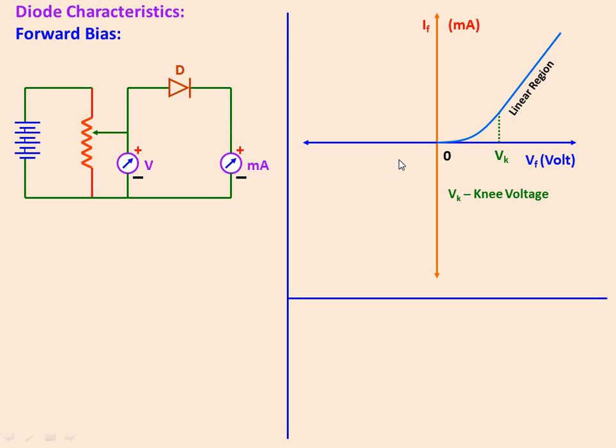So the VI characteristics of the PN junction diode you can see here. I have considered potential along the x-axis and current along the y-axis. The positive terminal of the P type is connected to the positive terminal of this battery, and the negative terminal of the N type is connected to the negative terminal of the battery. So this was the forward bias condition, isn't it?